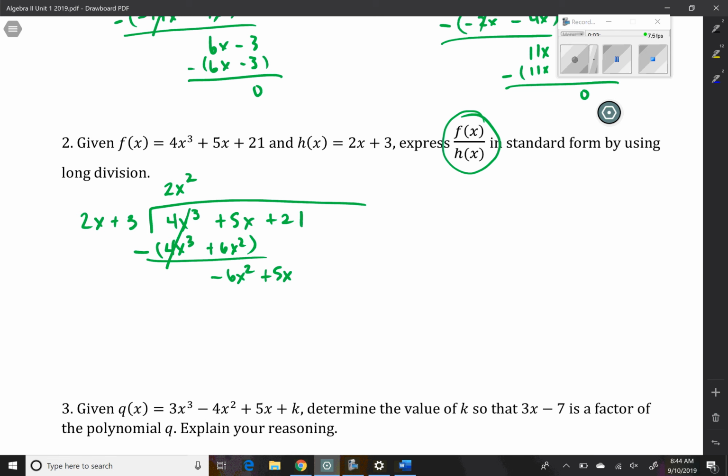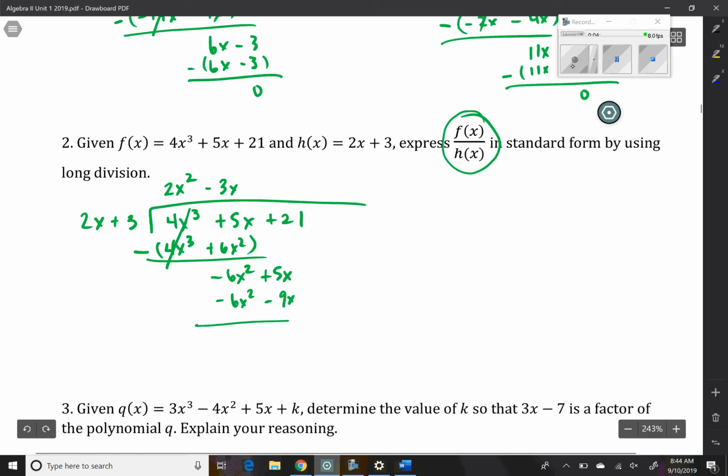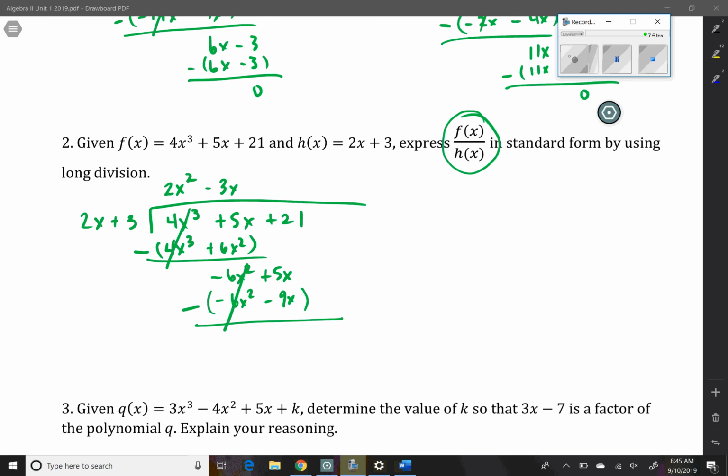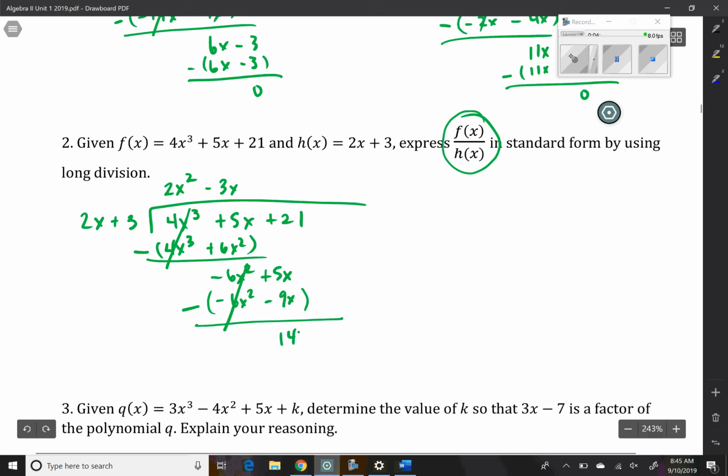To make negative 6x squared, we use negative 3x. Subtract it, and these cancel. So we wind up getting a 14x, and the 21 comes down.